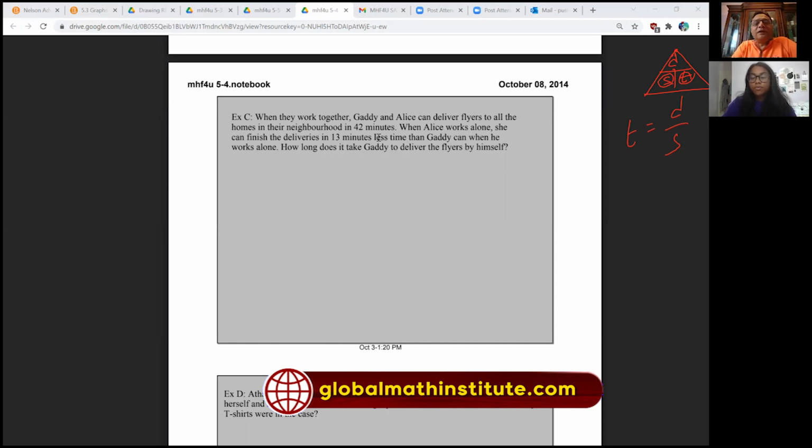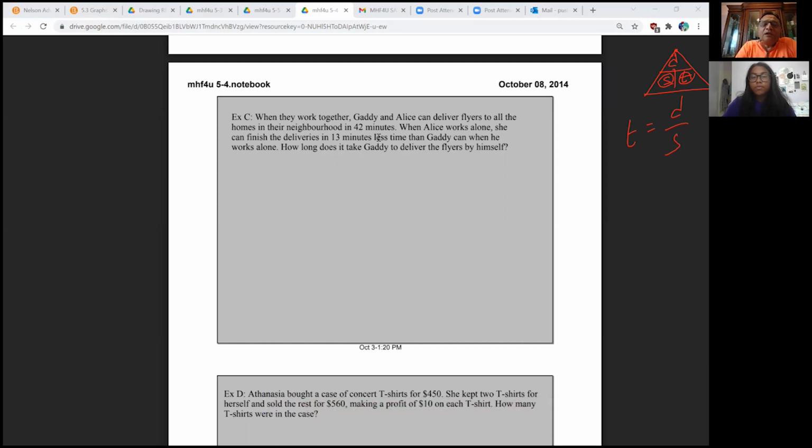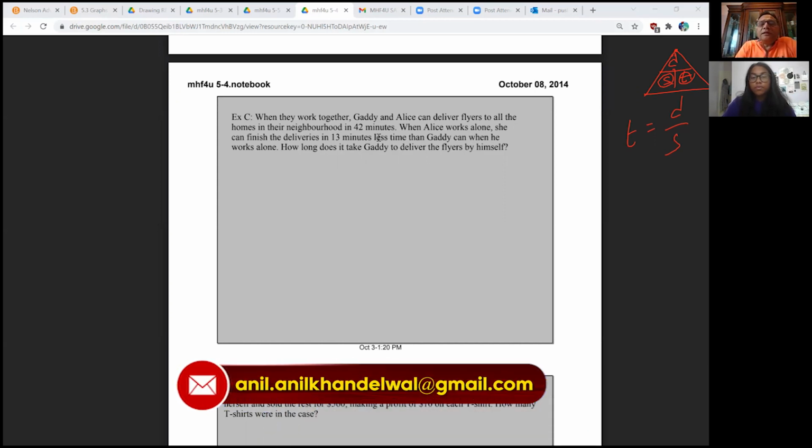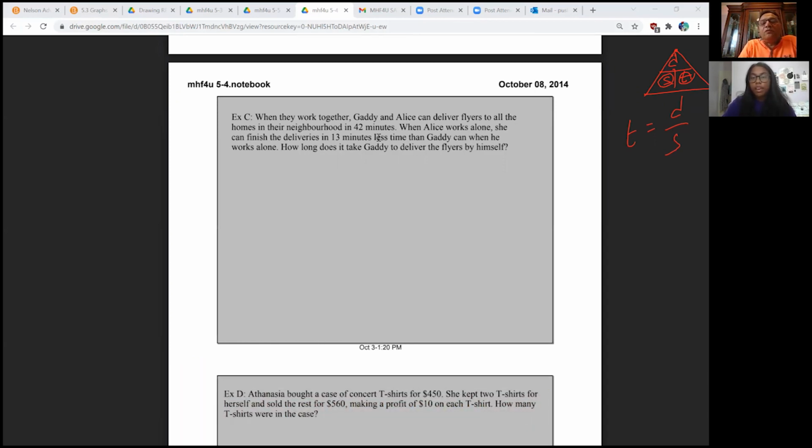So first, let us define the variables. It says, when they work together, Gaddy and Alice deliver the flyers to all the homes in their neighborhood in 42 minutes. So together, they do it in 42 minutes. When Alice works alone, she can finish the delivery in 13 minutes less time than Gaddy can when he works alone.